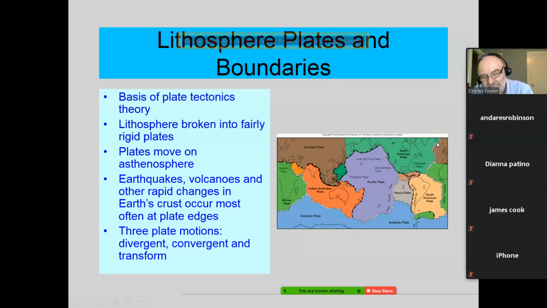And they're bumping up, and by the way, their boundary, there's Iceland again, their boundary is that mid-Atlantic ridge. Okay, now here it's between Eurasian plate and North American plate. Here's North American plate and African plate.